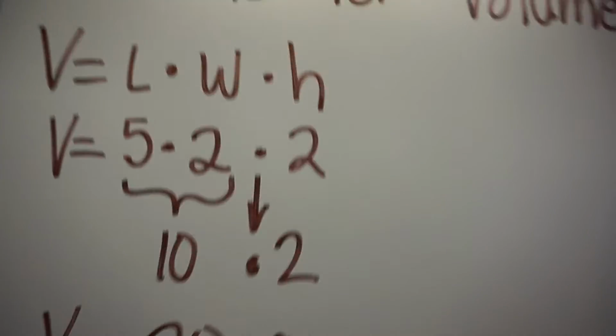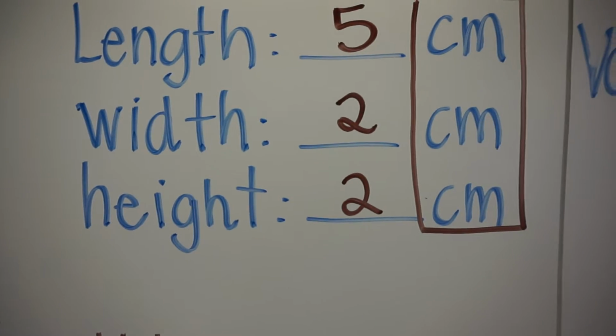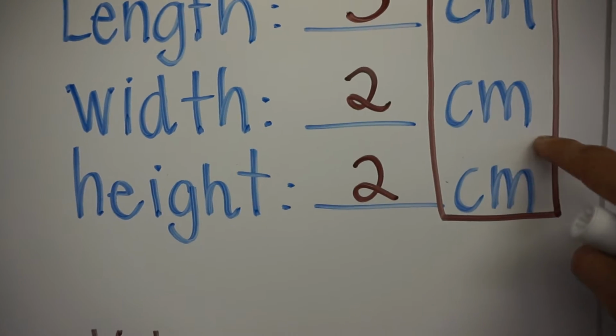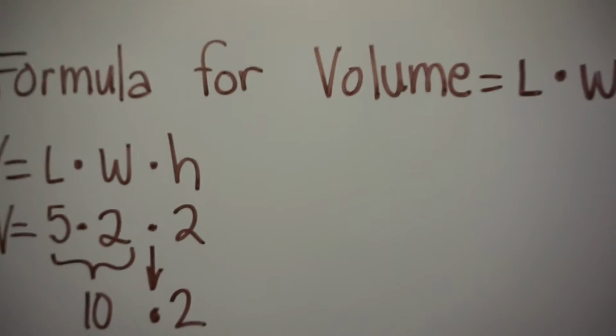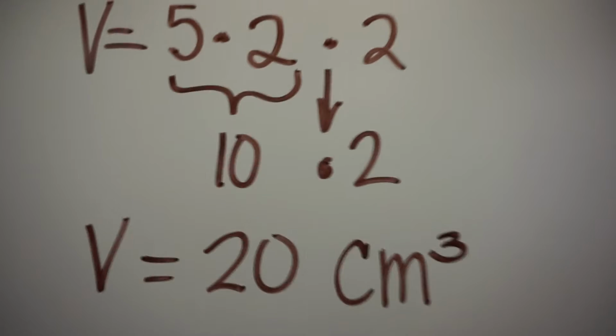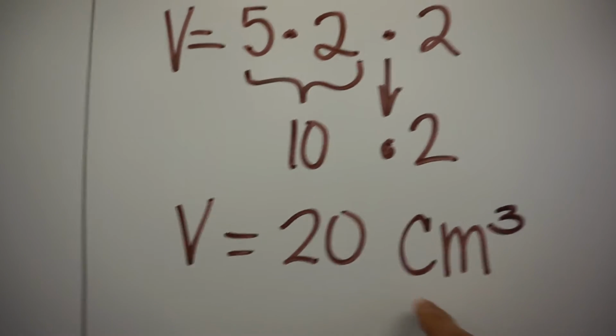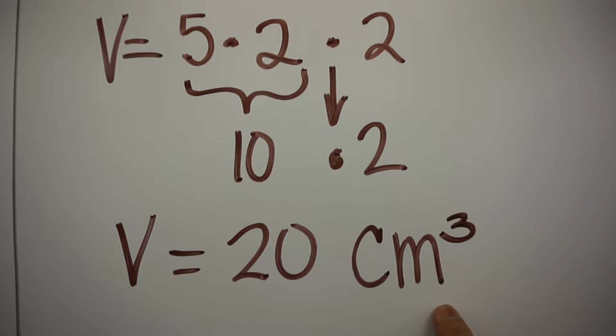Because we have 3 measurements, it has to be in cubic centimeters. 1, 2, 3. How do we represent cubic centimeters? We write a 3 right on that space, and now the volume is 20 cubic centimeters.